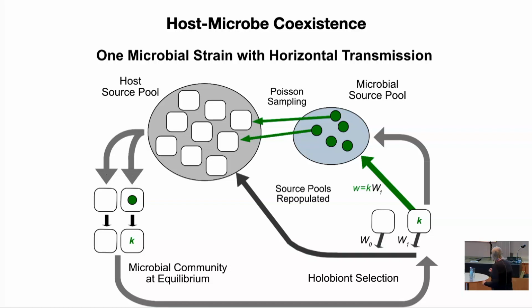So what we get here is Poisson sampling from the microbial source pool onto the larvae. And just by the way, Max Delbruck was active in showing that there was Poisson sampling of, in this case, viruses onto bacteria. Now the next part is, some of the larvae get an algae and others don't. This one does, that one doesn't.